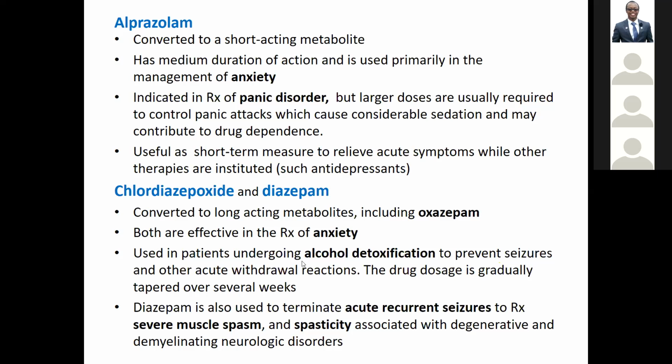Diazepam mainly for alcohol detoxification, but may have a role in anxiety as well. It's also used for spasticity and for many other degenerative disorders, like we looked at last year, and even conditions like adverse effects of some CNS drugs. You remember we said if you use some drugs for a long time, you would get a condition.